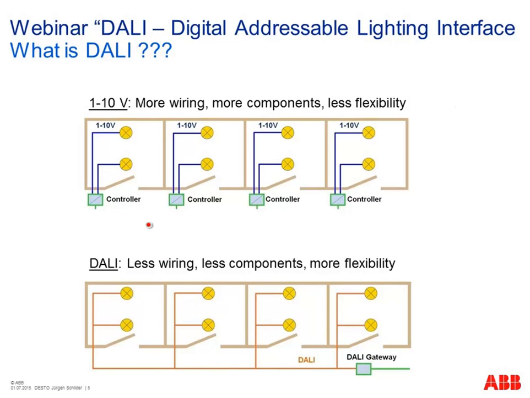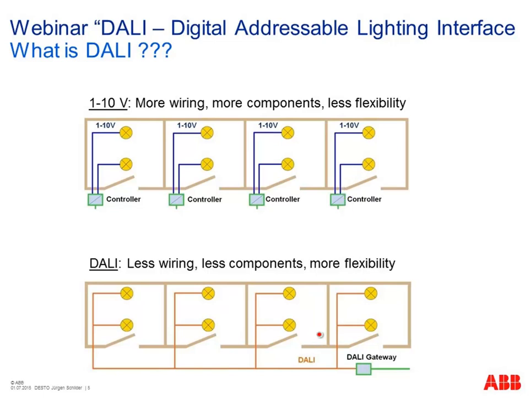You see here a classical 1 to 10 volt installation where you need control wires from any controller with a 1 to 10 volt signal to the lamp itself. So for each lamp you would like to control independently, you need this wiring. You need a lot of controllers depending on the channels of these controllers. So compared to DALI, you need more wiring, more components, and you have less flexibility because everything is hardwired.